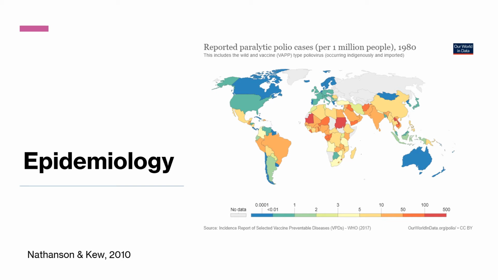Wild polioviruses were eliminated from the United States by 1972. As immunizations became available worldwide, the number of paralytic cases also drastically reduced. Although wild-type 2 poliovirus was eliminated in 1999, types 1 and 3 continue in areas of Asia and Africa.